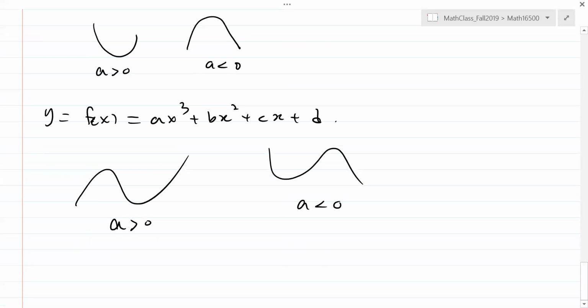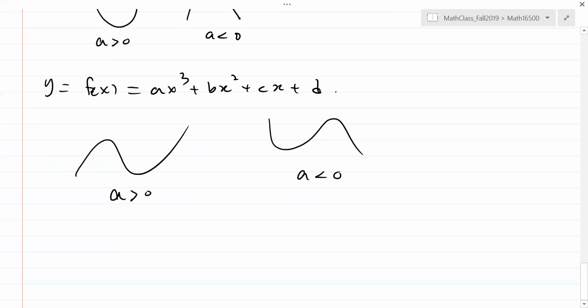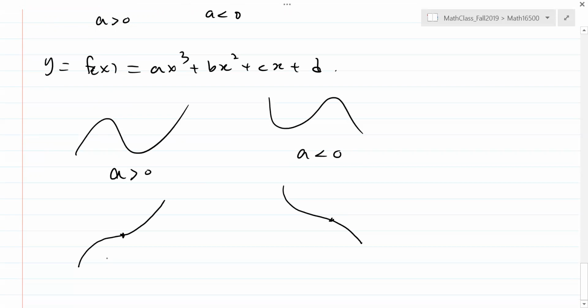Some extreme cases may be like that. It's not necessarily true that it has a local maximum and a local minimum. It could be like that, also like that. Then you still have critical numbers, but the function doesn't have a local maximum value or local minimum value. The typical cases here are y equals x cubed and y equals negative x cubed, right? And this is more general, here is negative.